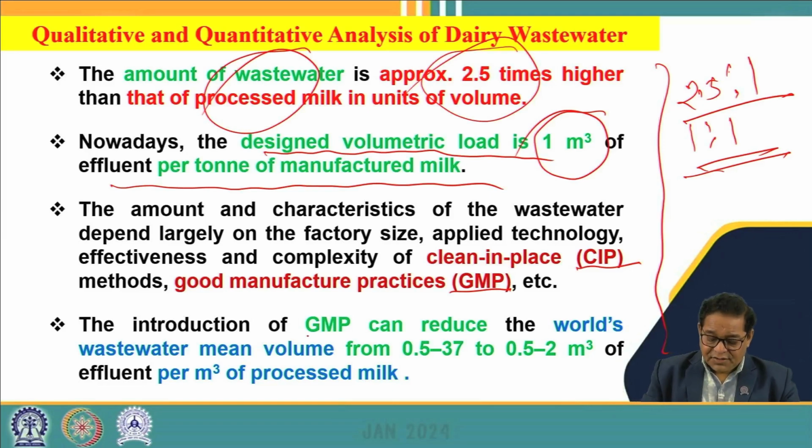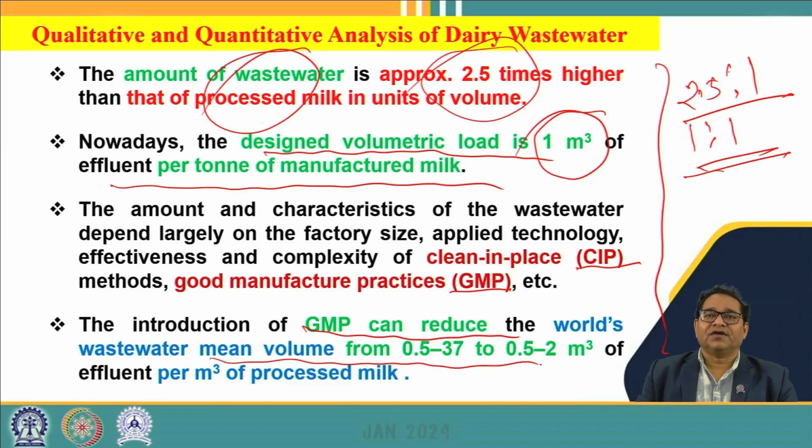We have also seen that introducing GMP can reduce the volume of effluent generated to between 0.5 and 2 cubic meters per cubic meter of processed milk. So this is a quantitative analysis of the dairy wastewater.